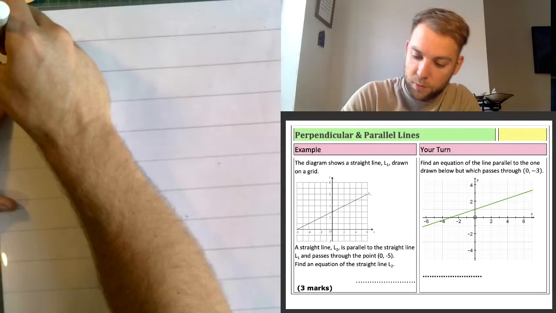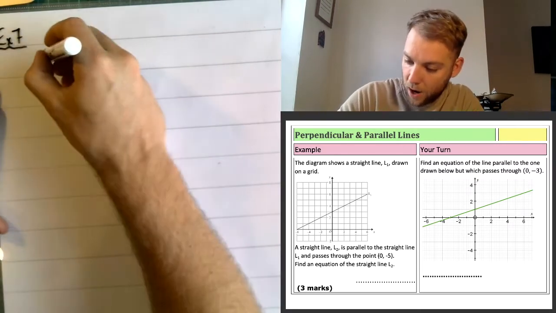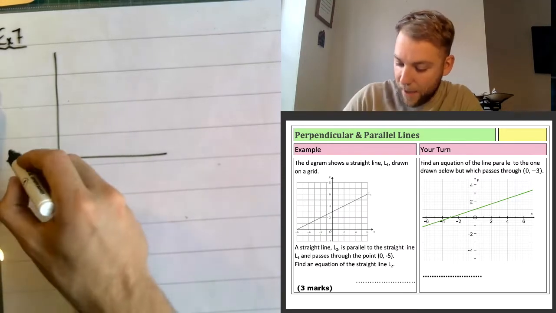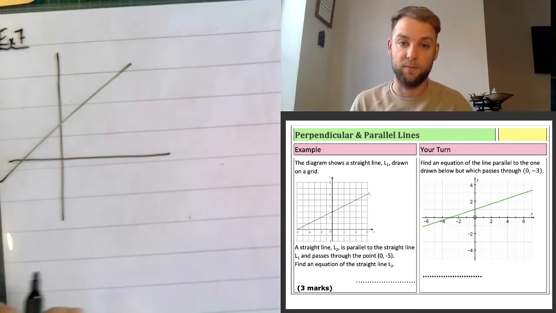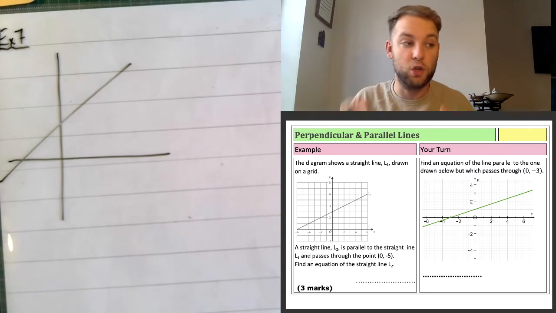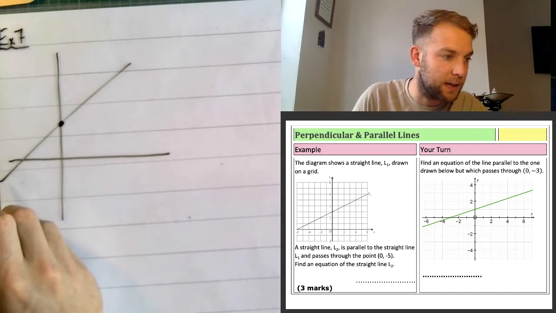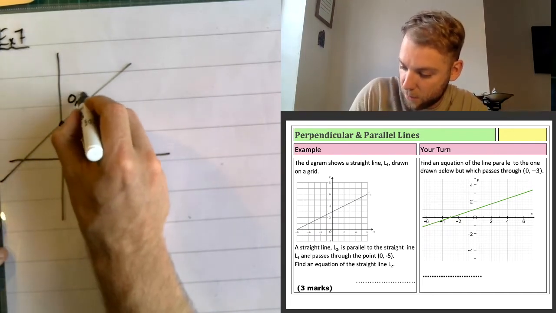Okay, so this one here now is example 7 for me. So I'm going to just draw a little sketch of this. Now the best way to do it is, remember, when we're finding the gradient of something, we need to have any 2 points. And the points that I'm going to pick are this one here, which is going to be 0, 3, isn't it? So 0, 3.